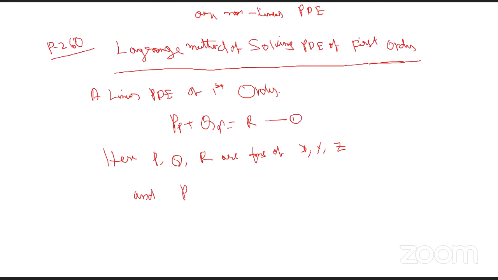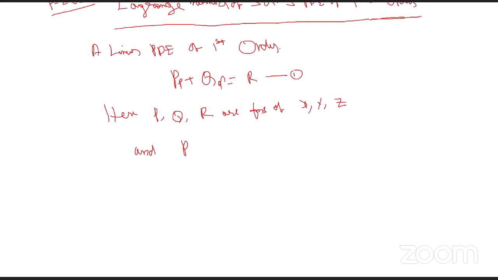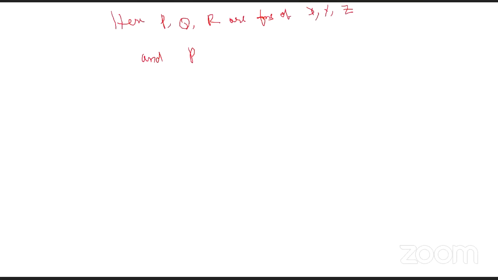Lagrange method of solving is most important, compulsory for the theory 10 marks question. p equal to dou z by dou x, q equal to dou z by dou y.